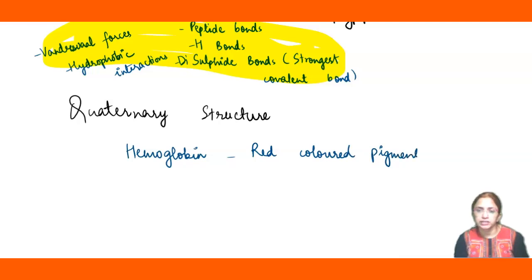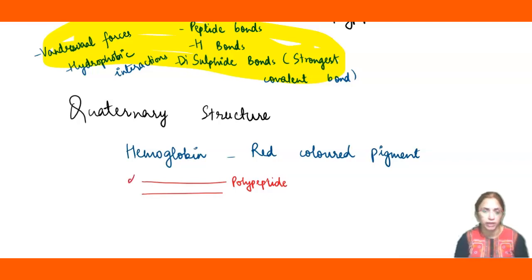It contains an iron part and a protein part. If we see the structure of it, two polypeptides here, each line is showing a polypeptide. Okay, so by two linear lines of red color, I am showing two polypeptides and they are named as alpha.